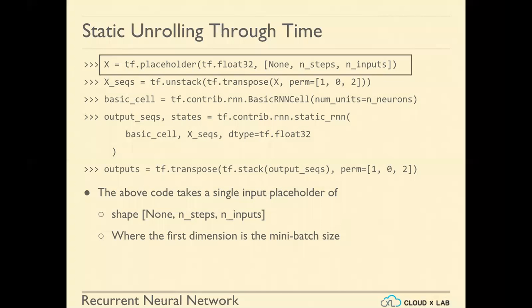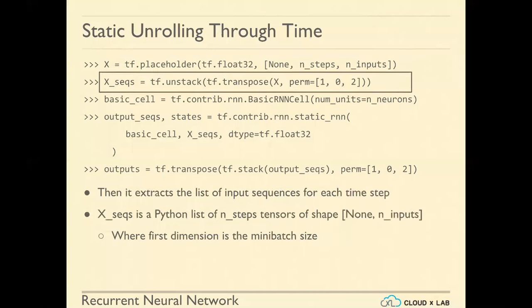So these are the three dimensions of capital X. Then we say X sequence equals TF dot unstack and transpose. Now this next part requires a little more detail, so let me walk you through what transpose and unstack mean.